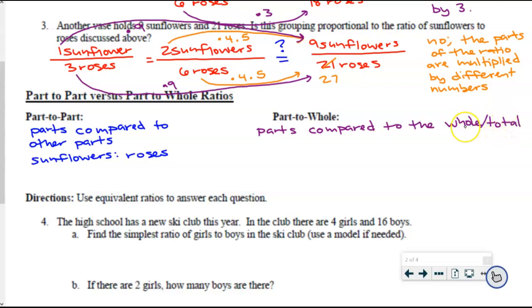So that means for this ratio, we are actually going to have two part-to-whole ratios. One of them is going to be sunflowers compared to the whole or total amount of flowers. But we could also have a ratio of roses to the whole or total amount.